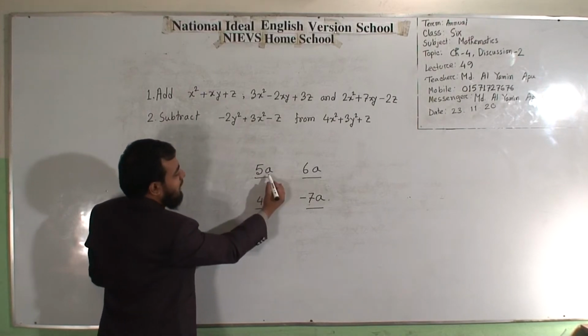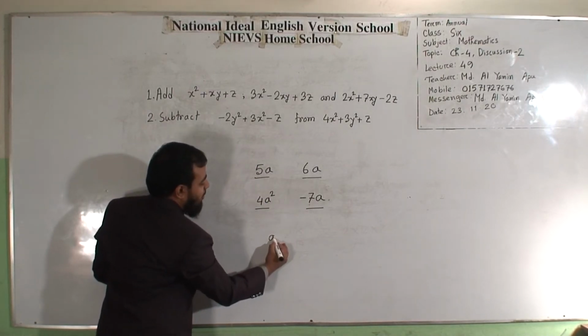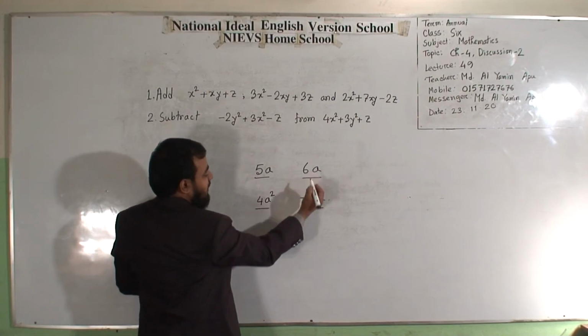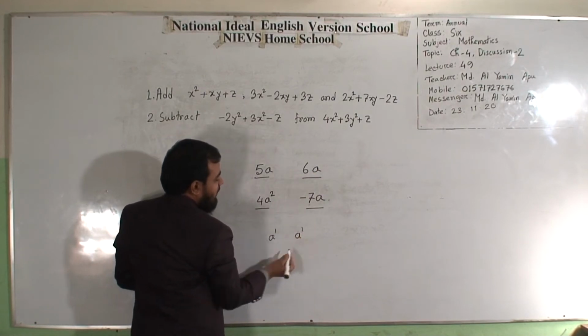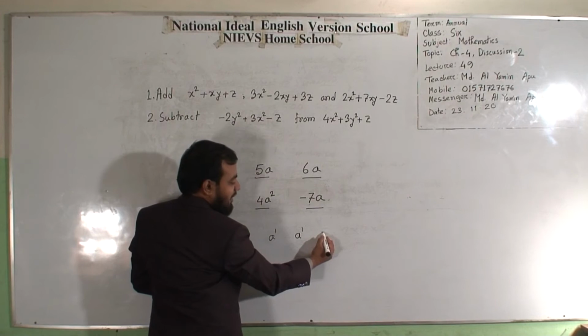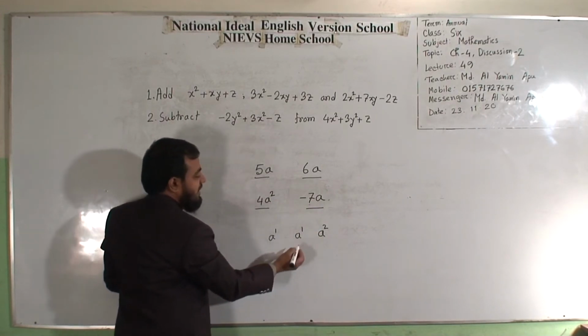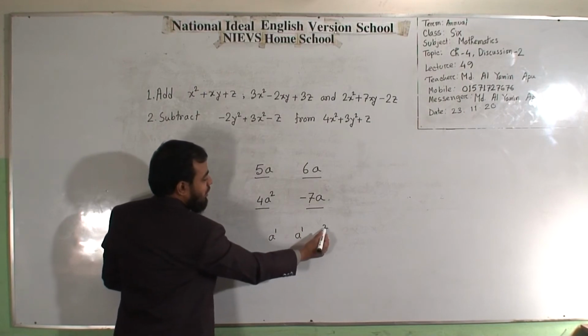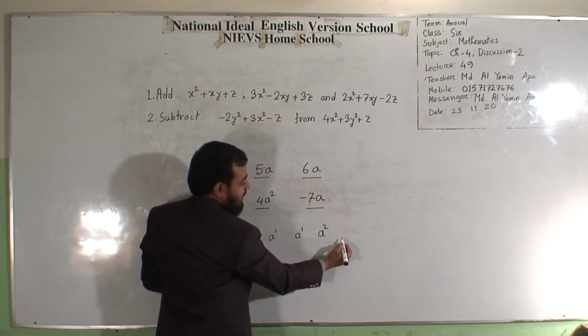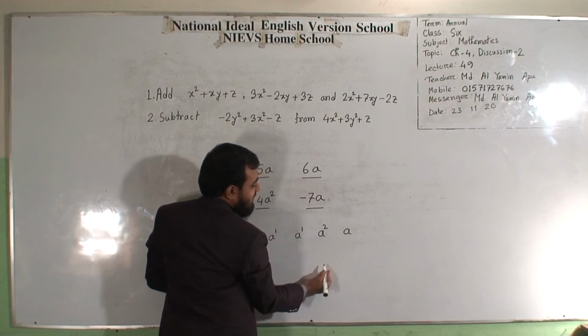Here the variable base is a, power is 1, right? Here the variable base is a, power is 1. In 4a square, the variable base is a and the power is 2, that means the index is 2. And in 7a the variable base is a and the power is 1.